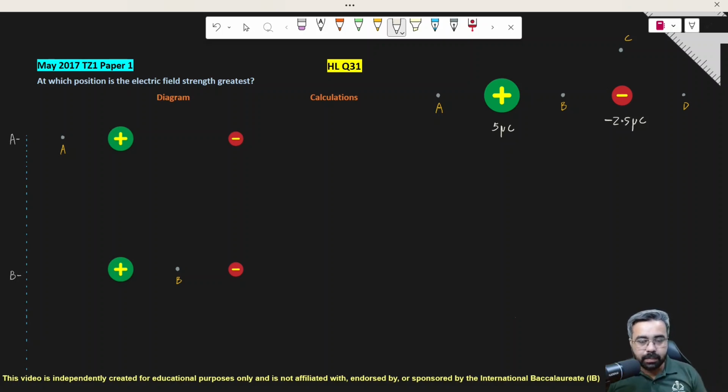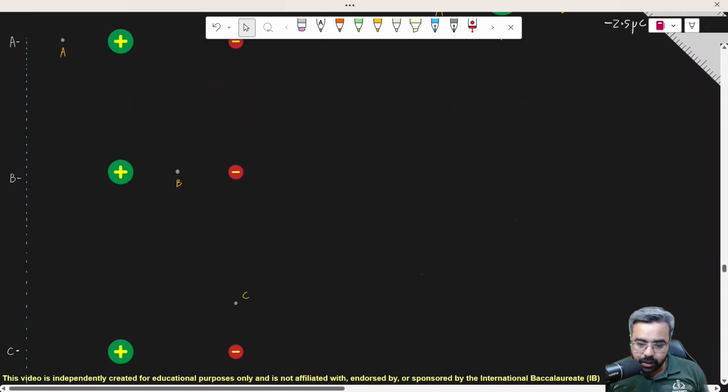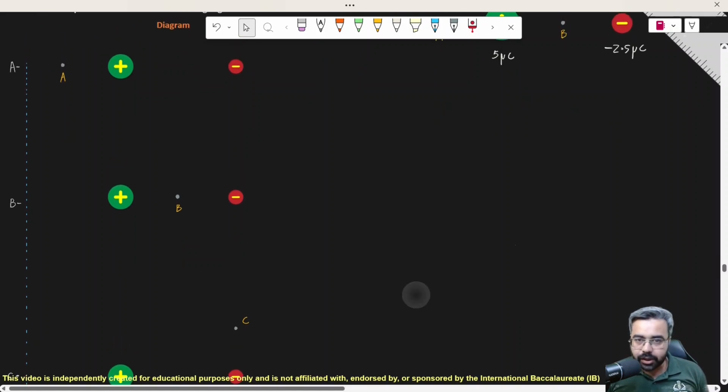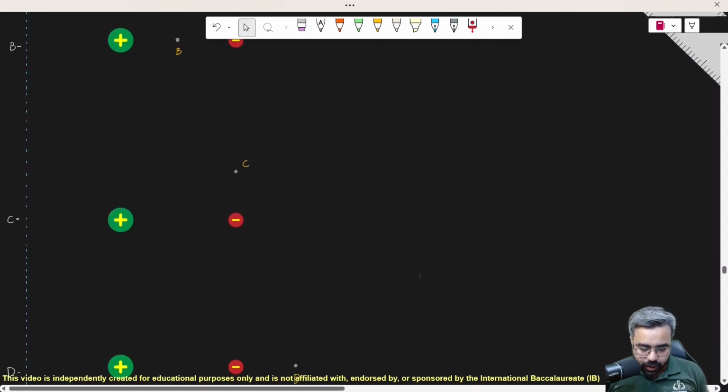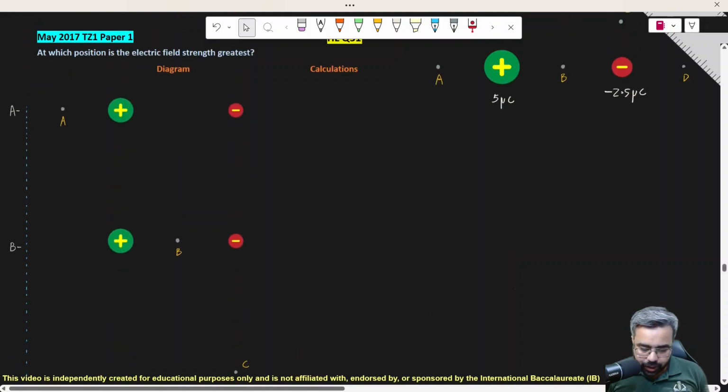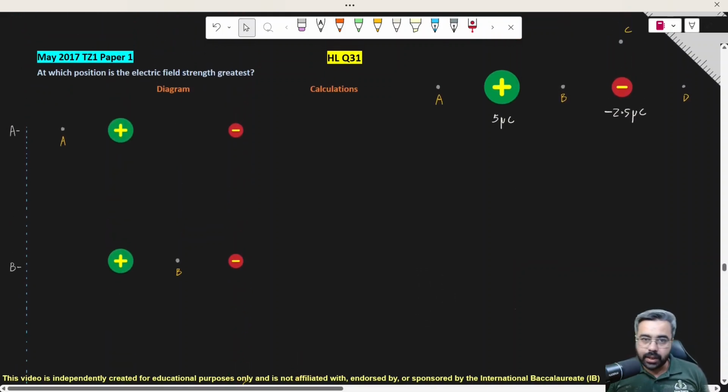So it is not difficult. It is very easy. But the main thing for which you should not skip the video is we will calculate the electric field strength in terms of E. So you see here that we will try to find out the direction as well as the magnitude separately for all of the options. So let's start with A. We know that electric field due to the positive charge is always away from the charge.